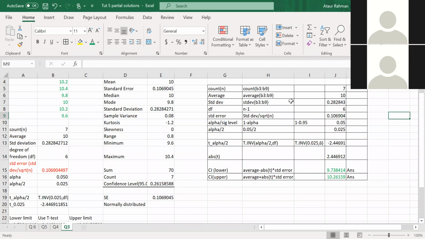So the sample estimate of the mean was 10. So the 95% confidence interval of the mean is 9.73 to 10.26. So that means that if we take a lot of samples from that kind of data from the population, then 95% of the time the mean value will be within this range.